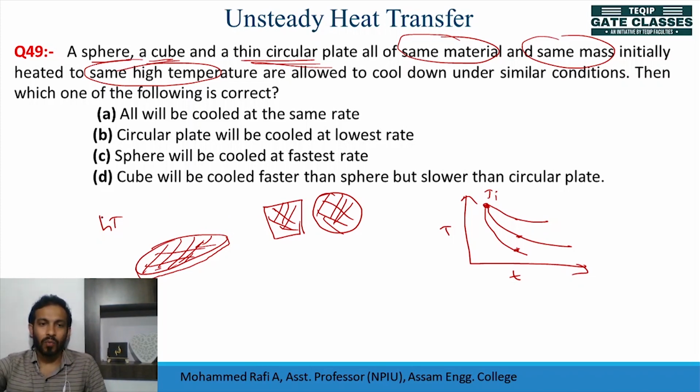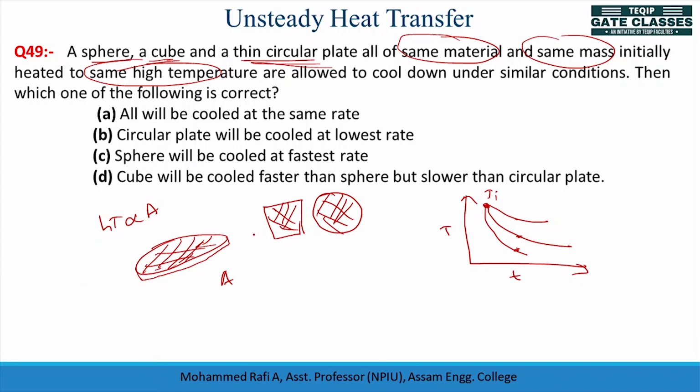simply say whichever has more area will cool more, heat transfer will be more, heat transfer is directly proportional to area. So whichever has more area, its heat transfer will be more, and its cooling will also be more. So out of this, which one has the highest area? This is also simple mathematics, right?